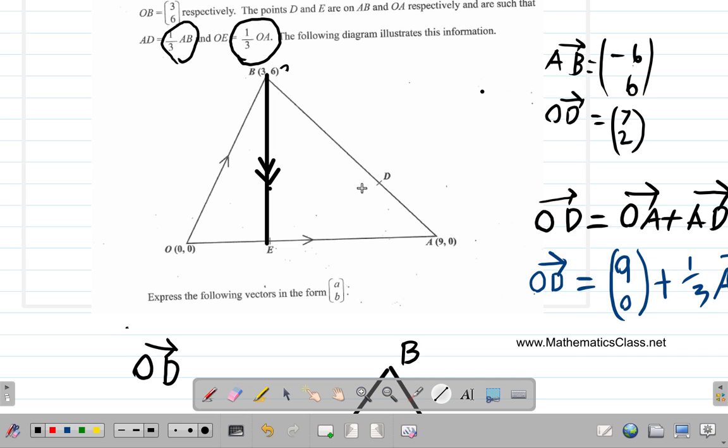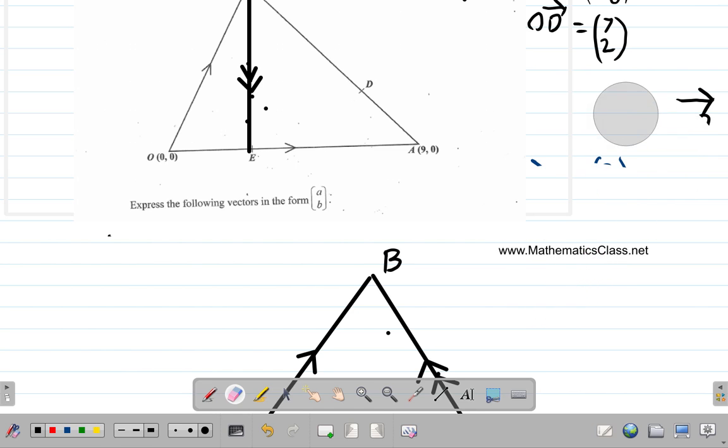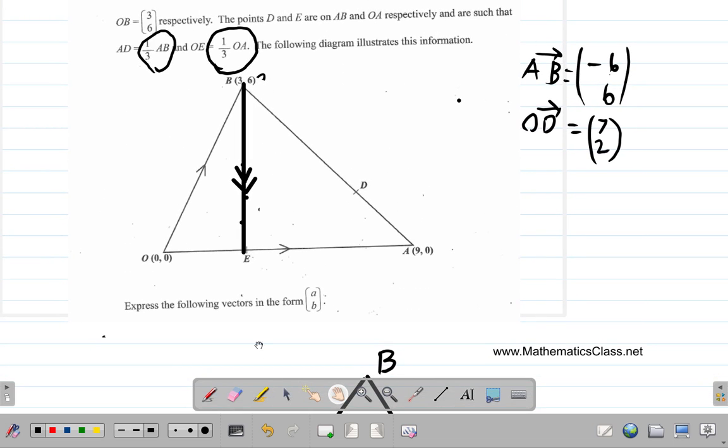What do we do? Going from B to E. We say here, when we go from B to E, we could end up the same place, going from B to O, then O to E. You see that?